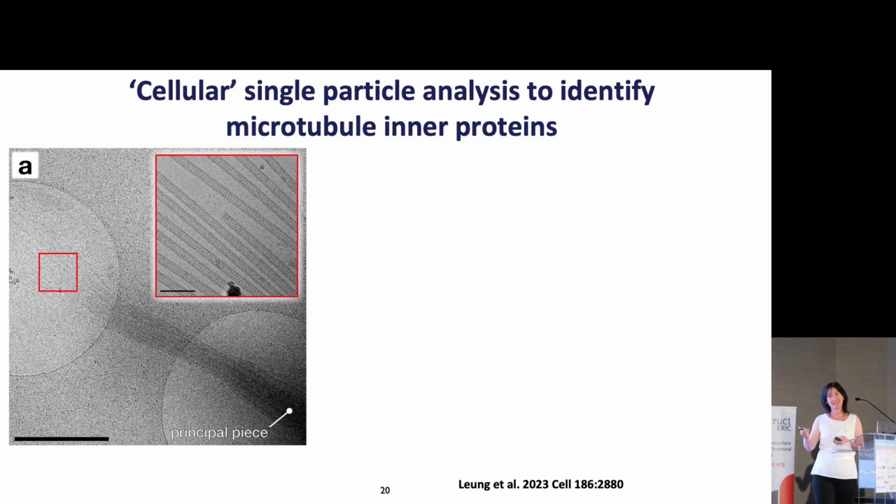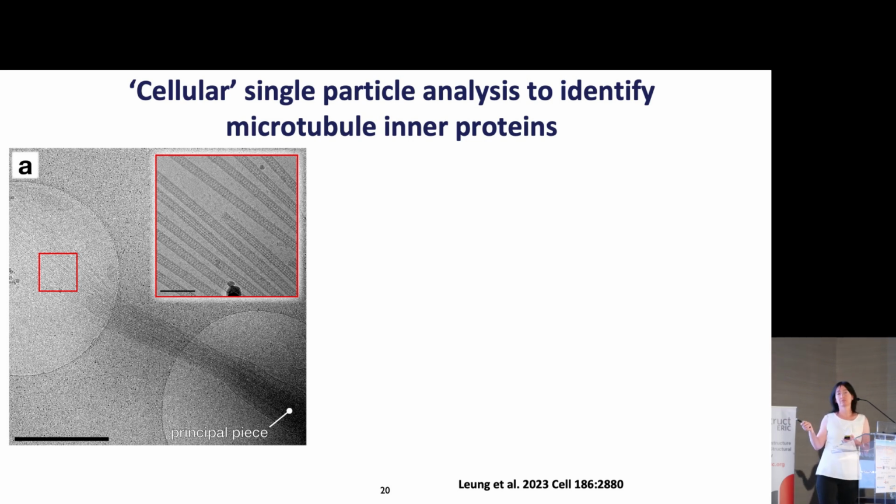So we intentionally then took a lot longer to remove the membrane. And then we had very beautiful singlet microtubules that are ready for single particle analysis. By no means is this normal single particle analysis. We cannot use the usual approach to collect the data.